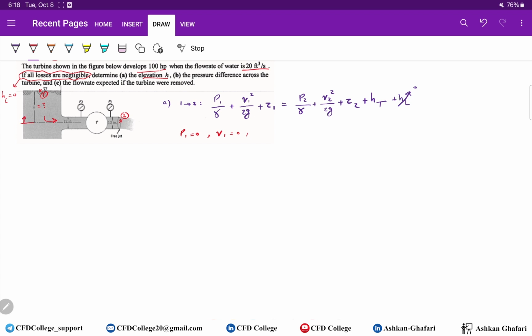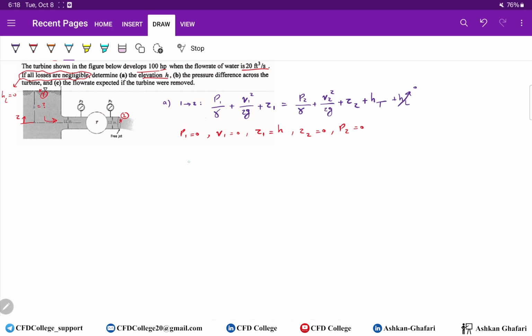If we put the axis here, Z1 equals H, which we want to find, and Z2 equals 0. Also P2 is 0 because it's atmosphere, but we don't know anything about V2. We know the flow rate, so we can find it.